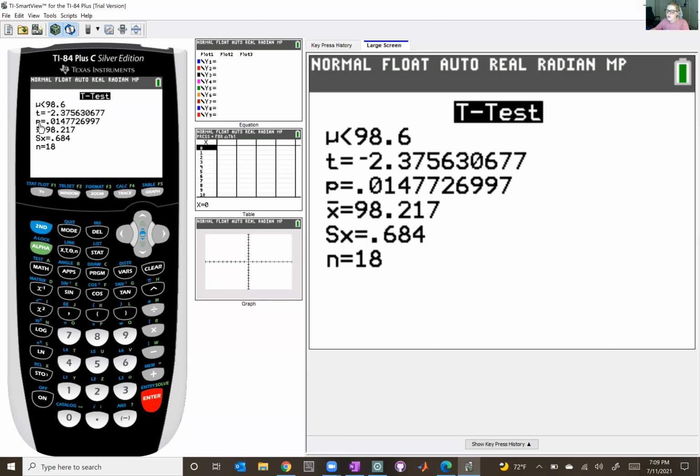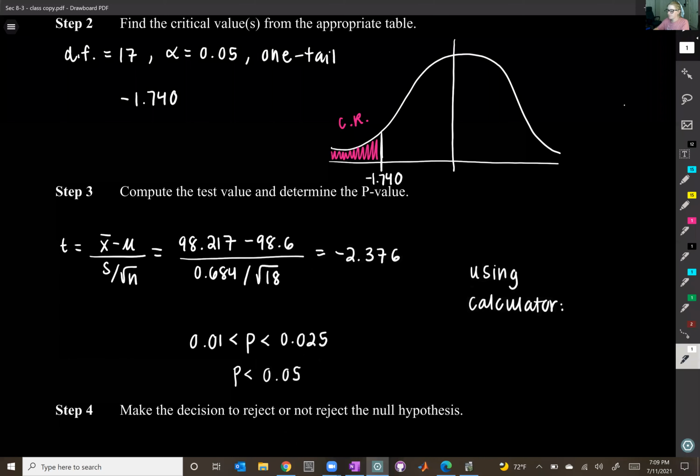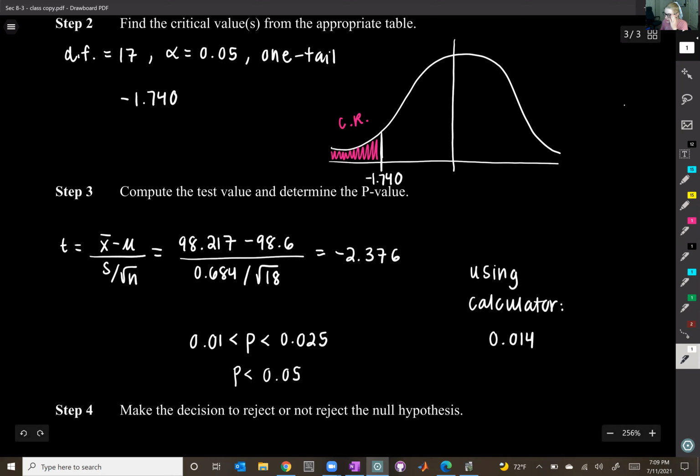You can see here we have a t-test value of 2.376 if you round, which is what we got when we did it by hand. And we got a p-value of 0.014. So let's write that down. Which is great because that does fall within our range. That is definitely between 0.01 and 0.025.